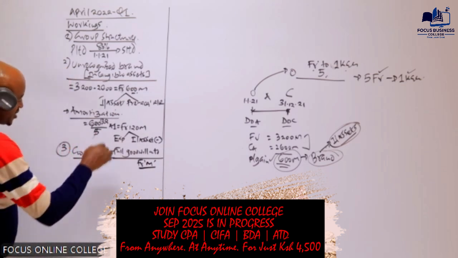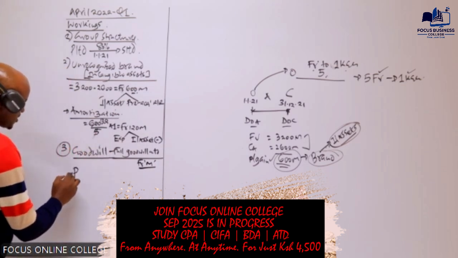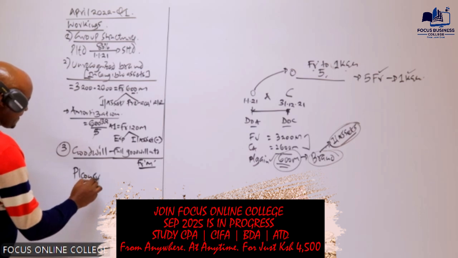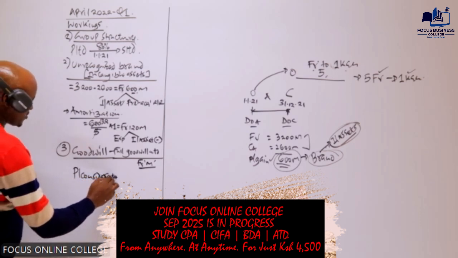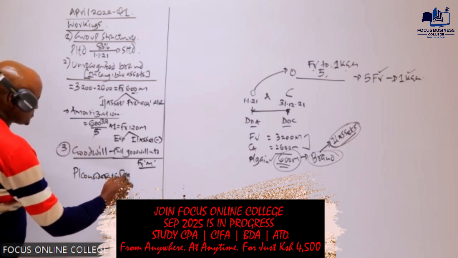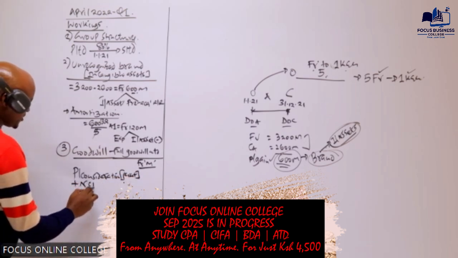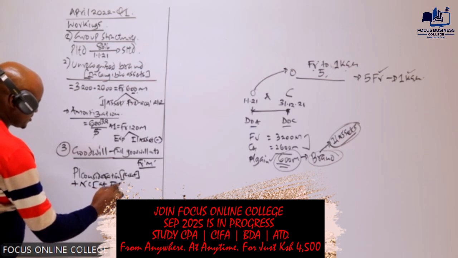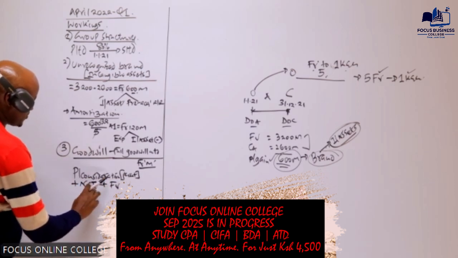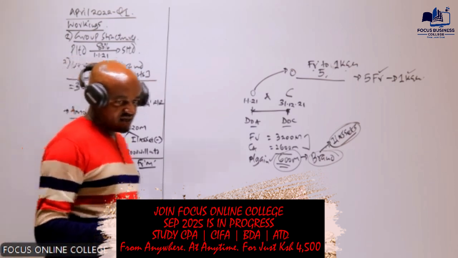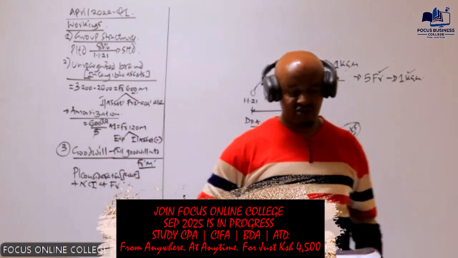We compute the goodwill using the full goodwill method by, number 1, taking the purchase consideration which was paid by the parent company. To this, we add the NCI at fair value. Remember, we are computing this using the local currency, which is franc.